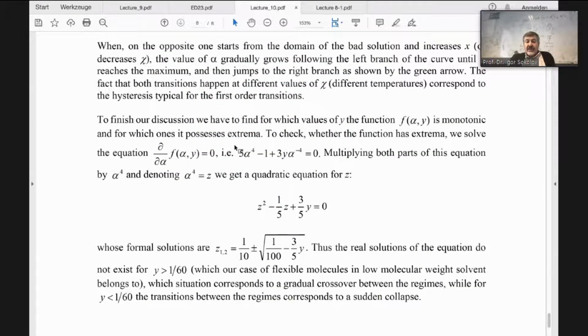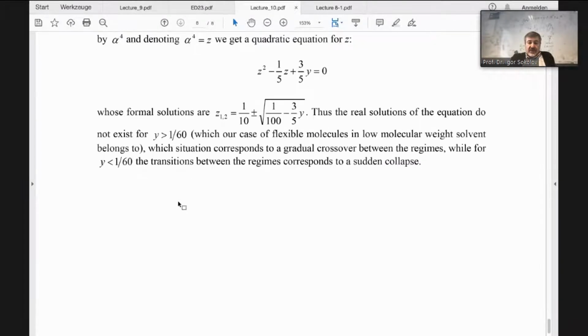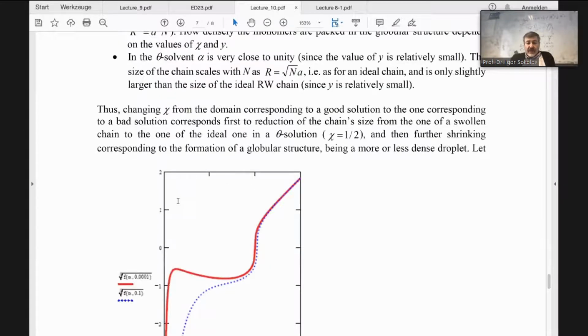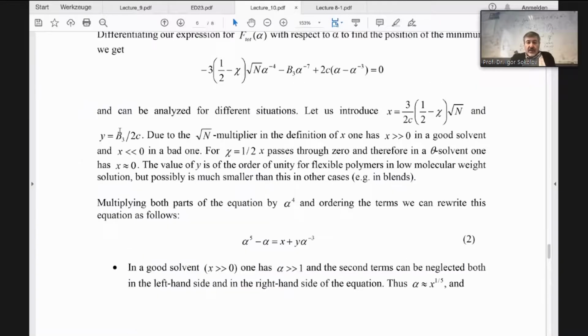Now, what is this y at which the transition takes place? This is 1/60. And now let me return to a question of what is my y. My y was B3 divided by 2c. I don't know what c is, but c was of the order of 1.